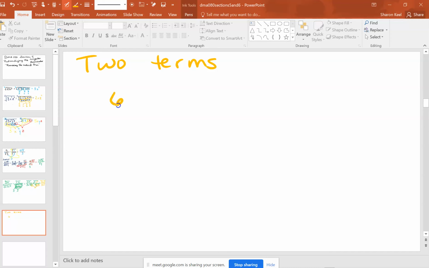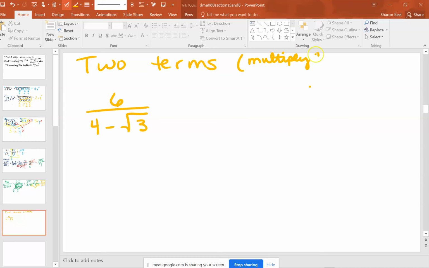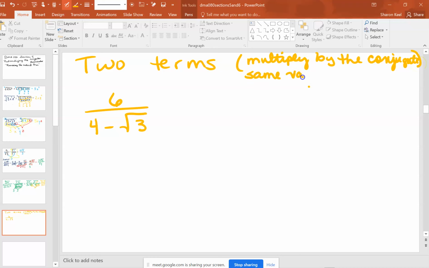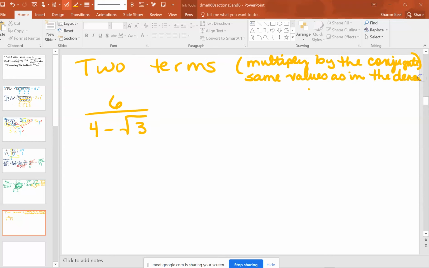When you have two terms, you are going to multiply by the conjugate. The conjugate is going to be the same values as in the denominator, but you are going to switch the sign, switch the middle sign.